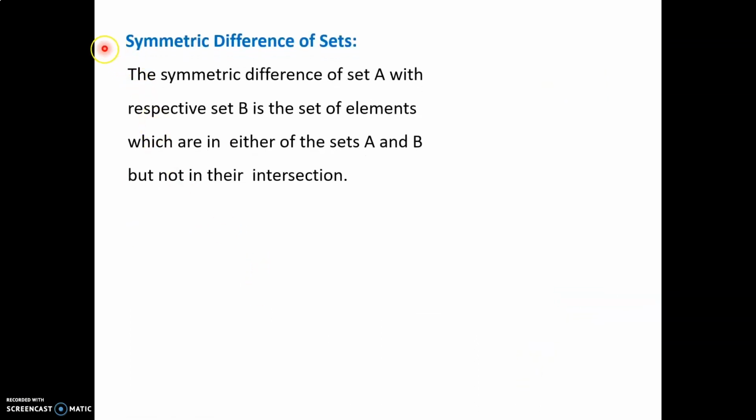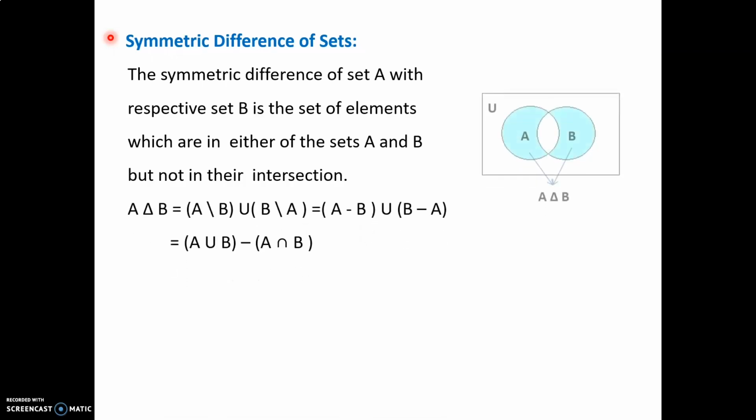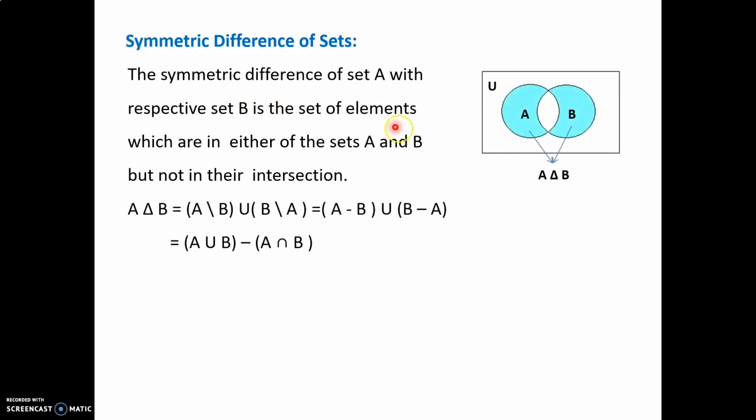Symmetric difference of sets. Symmetric difference of sets A and B is the union of difference set of A and B and difference set of B and A. That is, we have to find A minus B union B minus A. Now we consider U as the universal set.